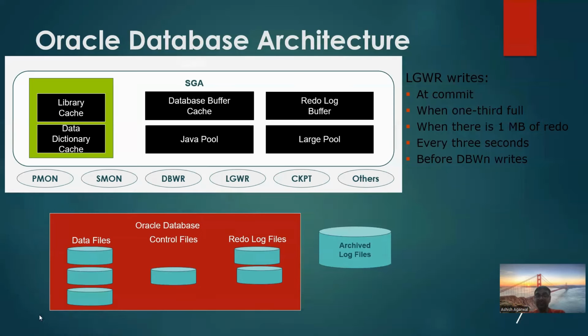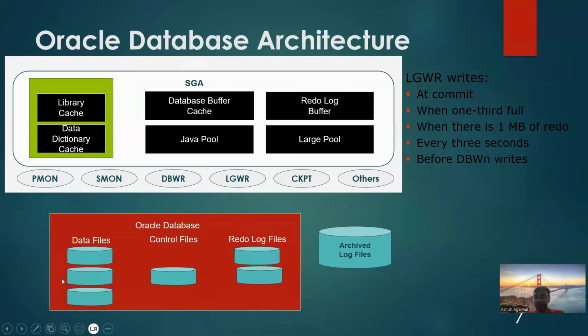Say, for example, you updated a record in the department table. You did update department set location equal to XYZ. What will happen? That change will get written into the dirty buffer cache first. Now, a copy of that change will also be written into the redo log buffer.